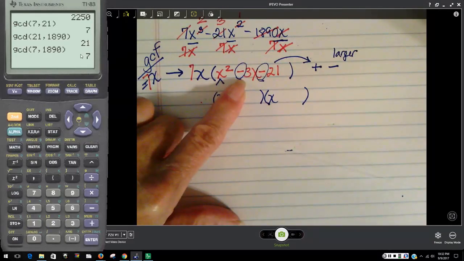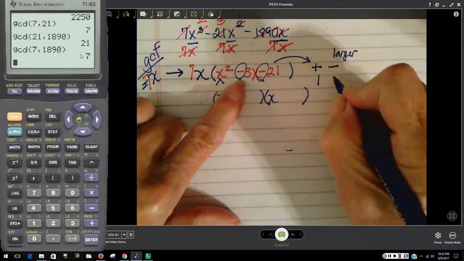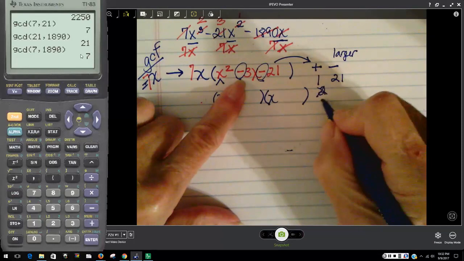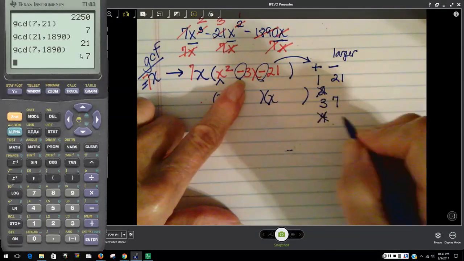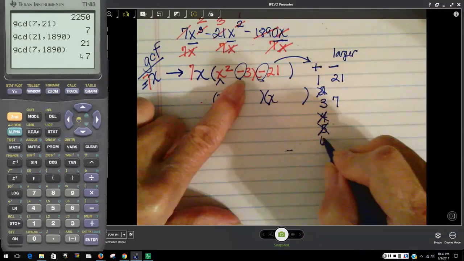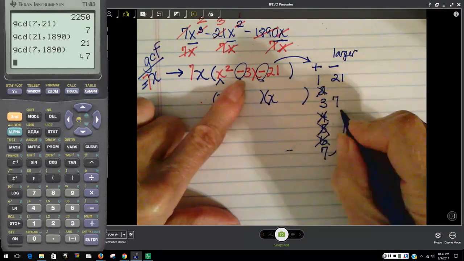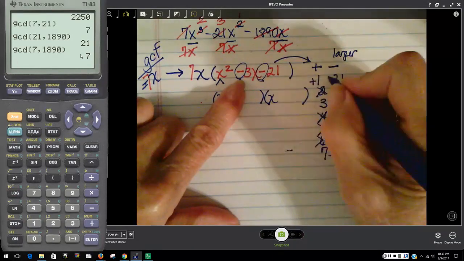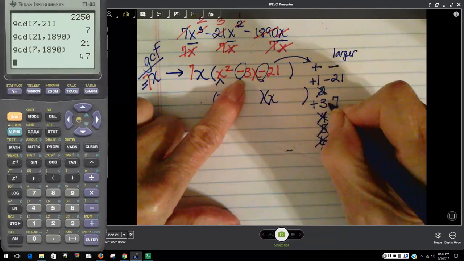So the factors of 21 are 1 and 21. 2 doesn't work. 3 times 7. 4 doesn't work. 5 doesn't work. 6 doesn't work. 7 works, but I've already used it. So this is positive 1 minus 21. This is positive 3 minus 7.